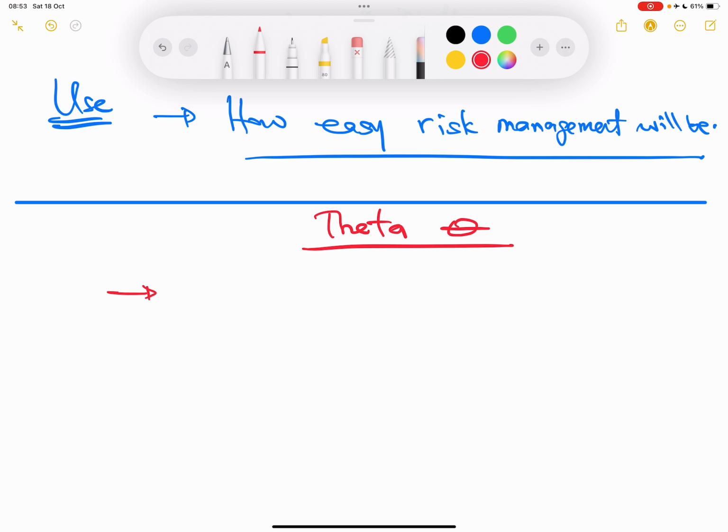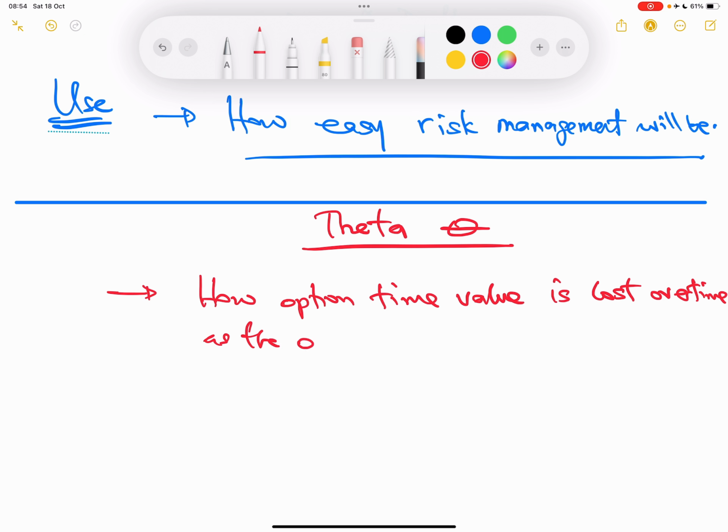So this measures how the option time value, let me put it like that, not intrinsic value, the time value, is lost over time as the option approaches expiry.